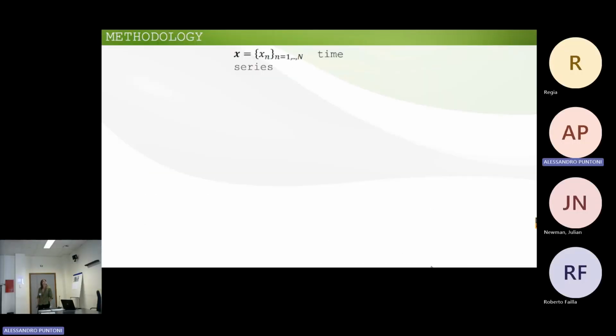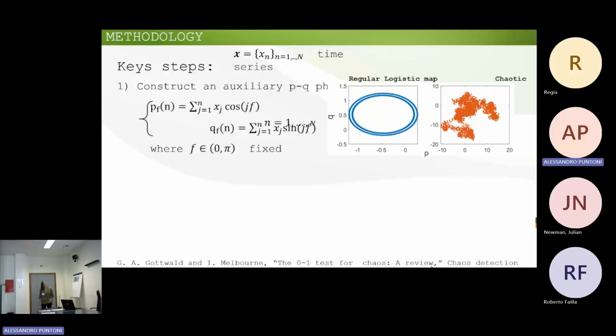Let X be a time series of length capital N. The first step is the construction of an auxiliary PQ phase space starting from the samples of the time series. Why this? The reason is that there is a formal proof, which you can find in this paper, of the fact that for a time series generated from a regular map, the trajectory in the PQ phase space remains bounded.